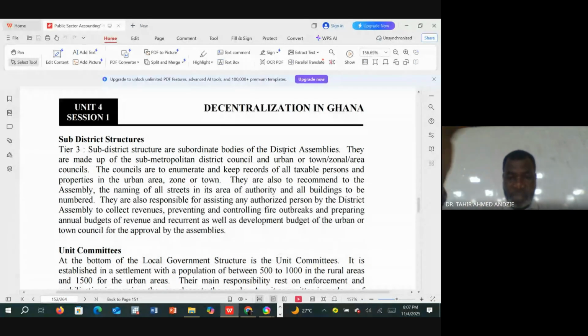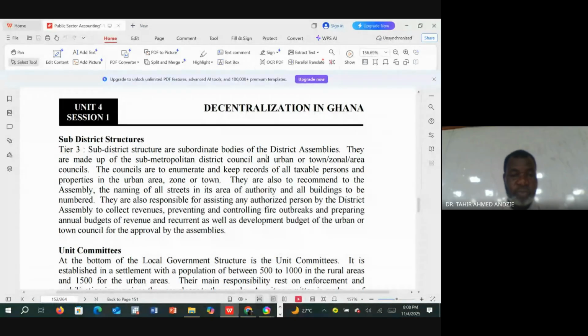Under each of them, we can have sub-districts or sub-metros. So we are saying that these sub-district structures are subordinate bodies of the district assemblies. They are made up of the sub-metropolitan district assembly councils and urban, town or zonal councils.